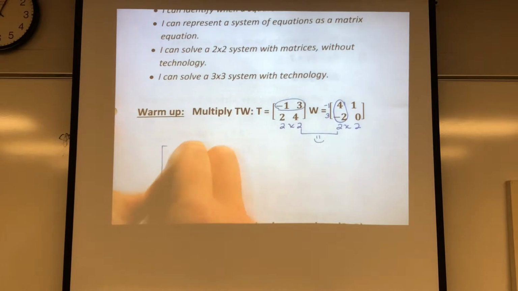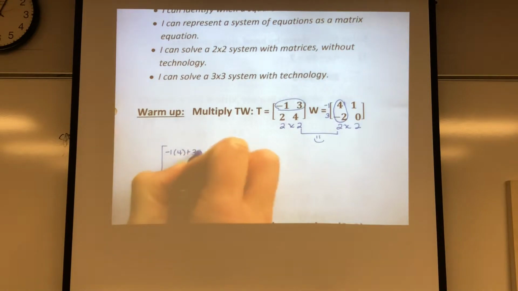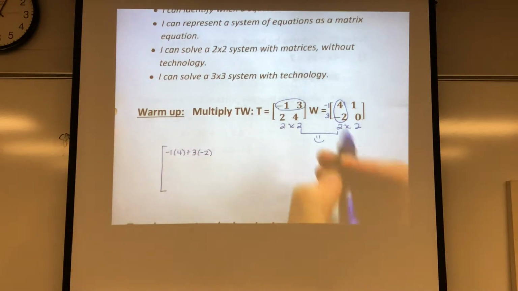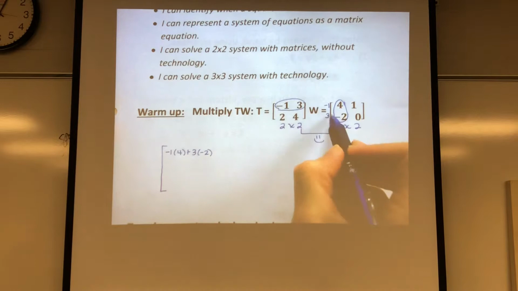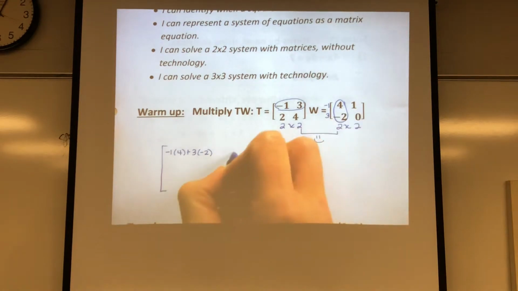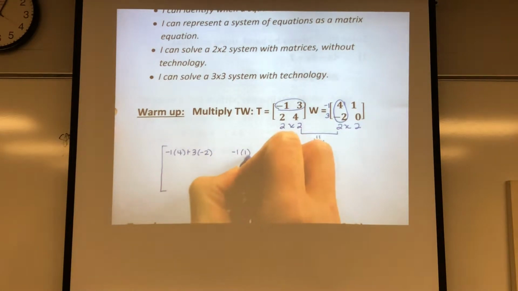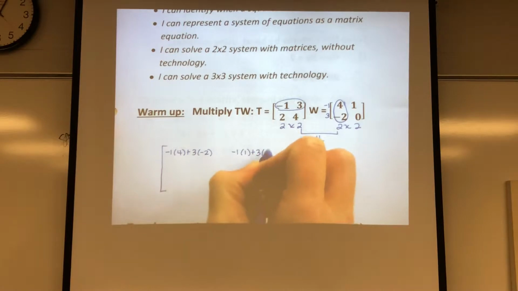So in that first row, first column of our answer, we have -1 times 4 plus 3 times -2. Then we take that same first row and multiply it times the second column. So -1 times 1 plus 3 times 0.